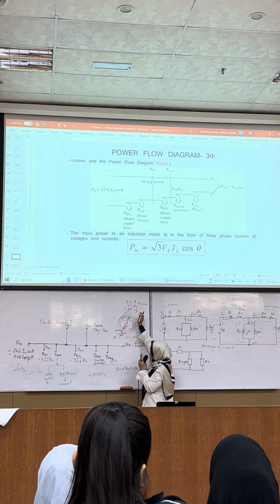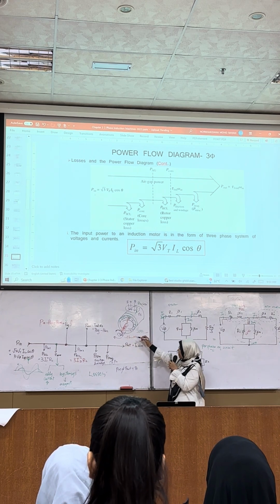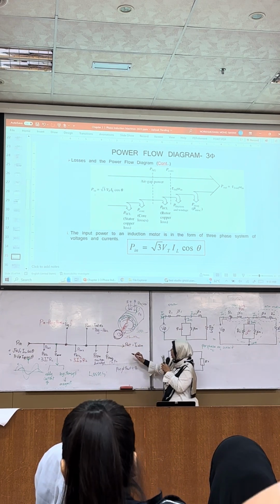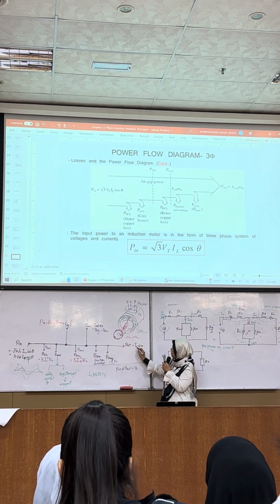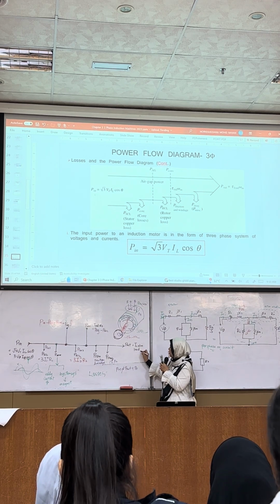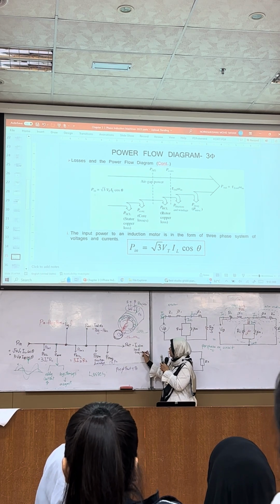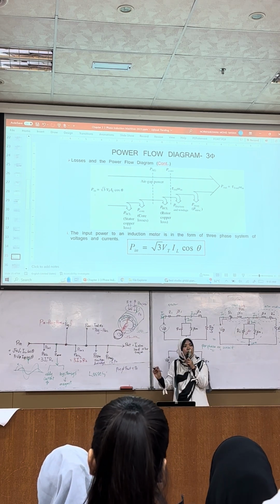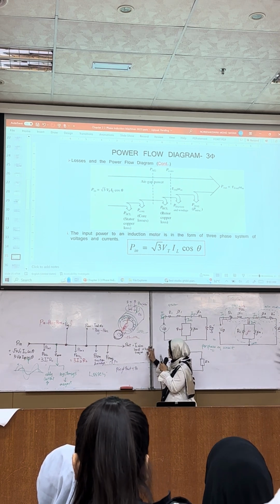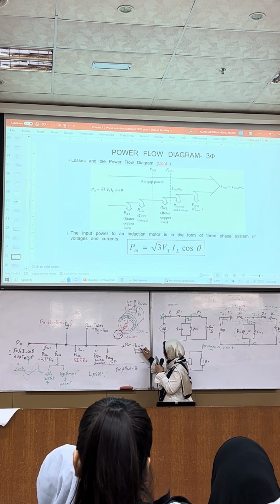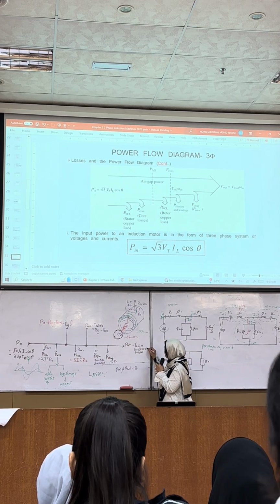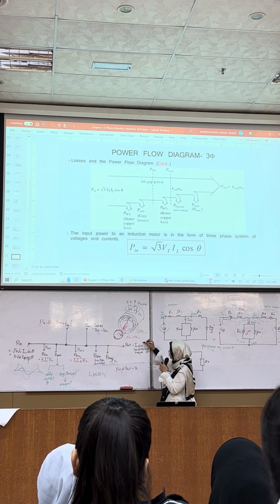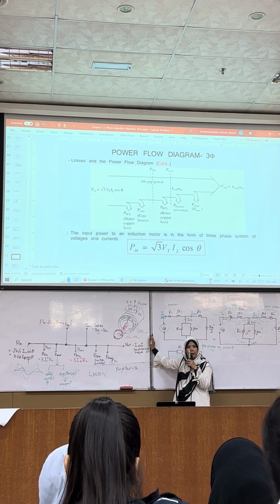But for the output here we have another equation, load torque multiplied with motor speed, NR. For NR you need to multiply by 2 pi over 60, because the original equation uses omega m.